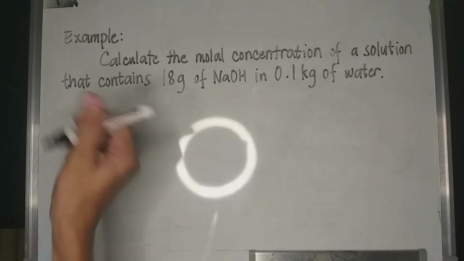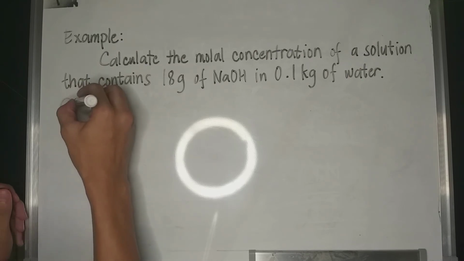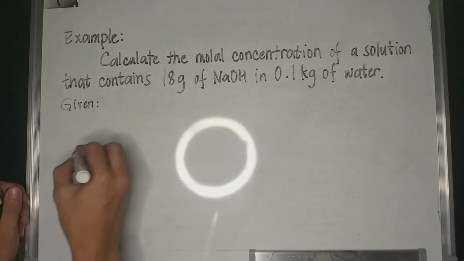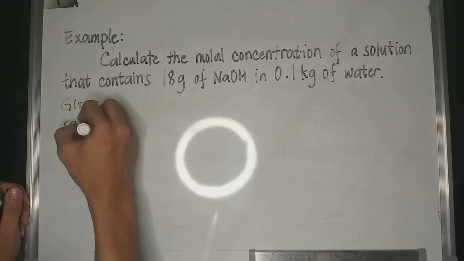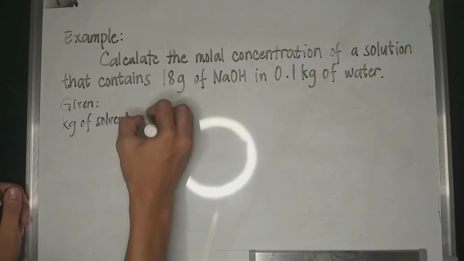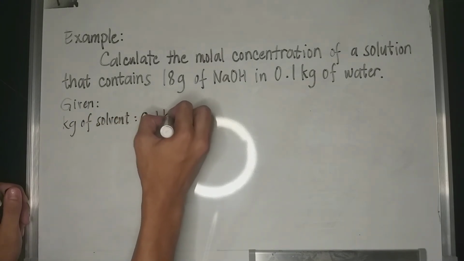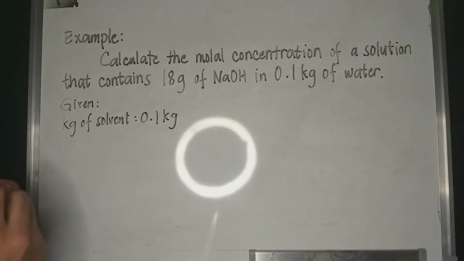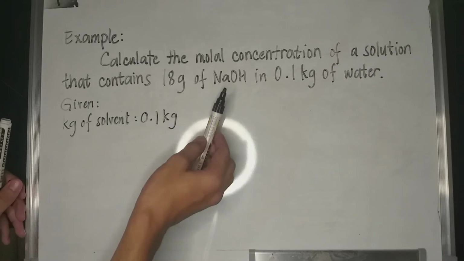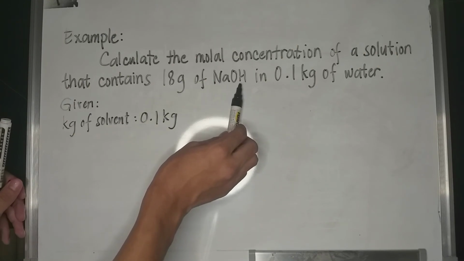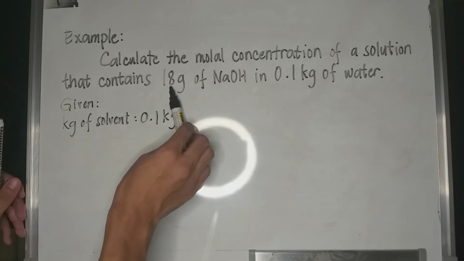So, let's write the given. So, the given are kilograms of solvent, which is 0.1 kilogram. And then, find the number of moles of solute, which is the sodium hydroxide, by the use of its mass.